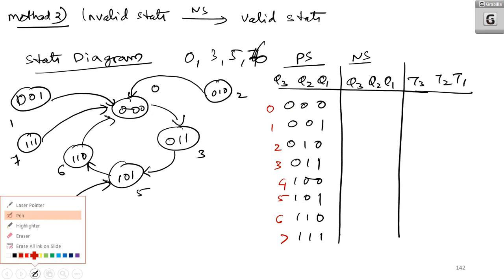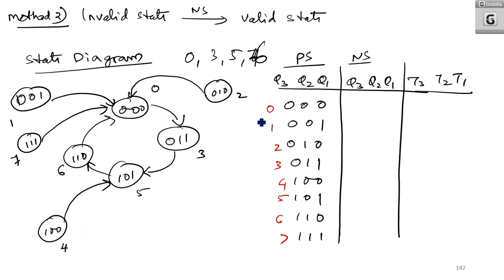Now coming into the next state. Okay. If it is 0, next state is 3, so it is 0, 1, 1. If it is 1, next state is 0. If it is 2, the next state is 0. If it is 3, next state is 5, so it is 1, 0, 1.